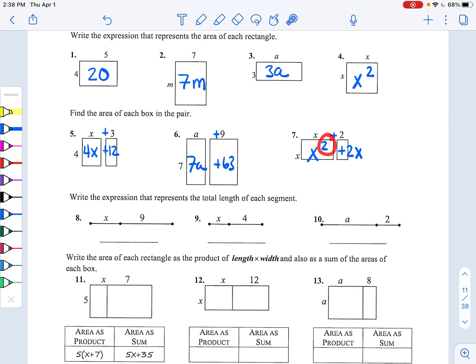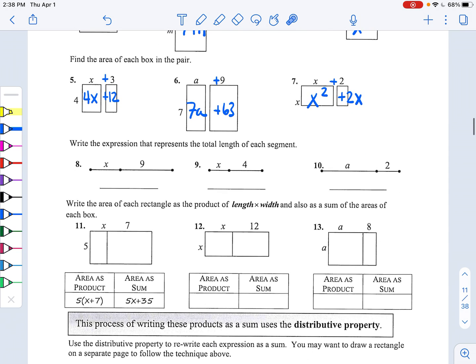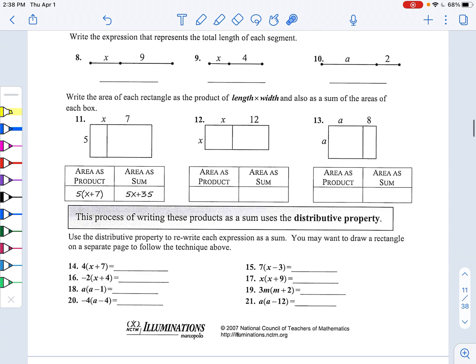This one has a power of 1 and it's invisible, and this one has a power of 2. Write the expression that represents the total length of each segment. All right, that would be x plus 9. I think you guys can slam dunk these 8, 9, and 10.